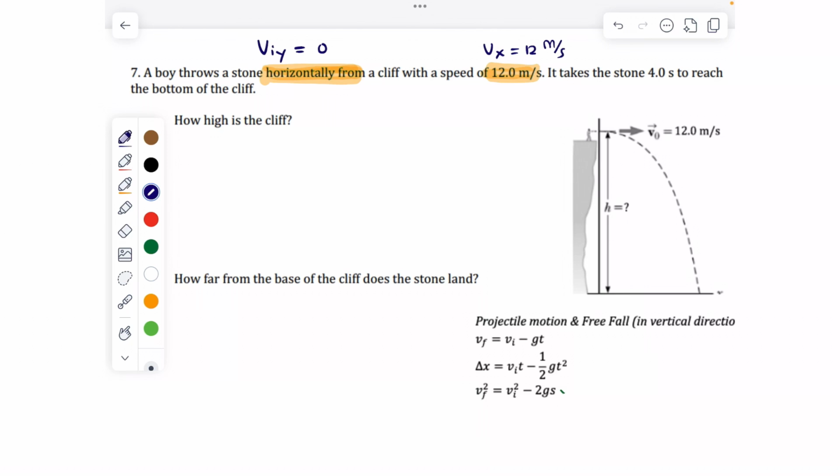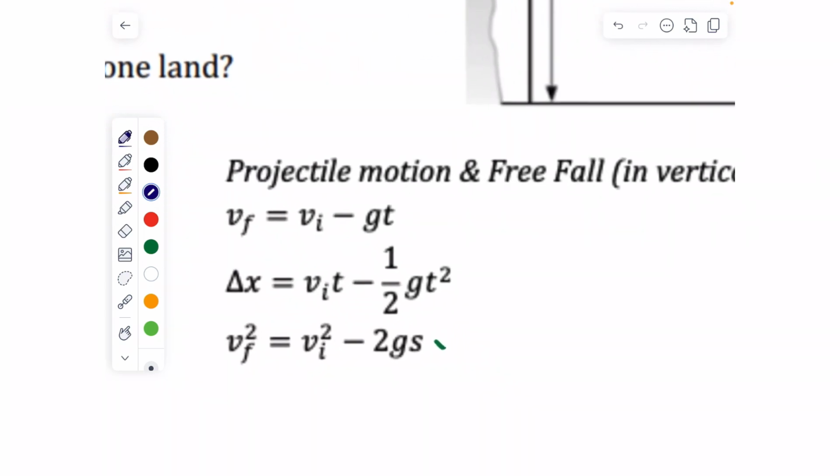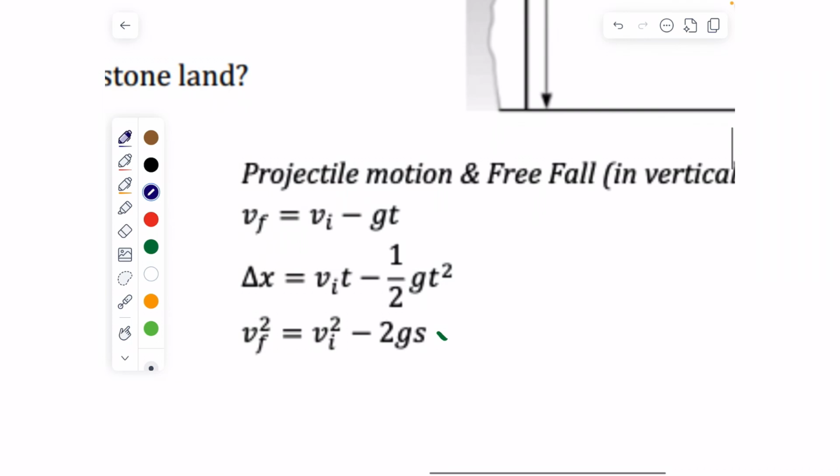Remember that a projectile can have two velocities. We have vertical velocity, or Vy, and horizontal velocity, or Vx. We are also given these formulas that we have here. Now, these three formulas are all related to the vertical component of the projectile's motion.